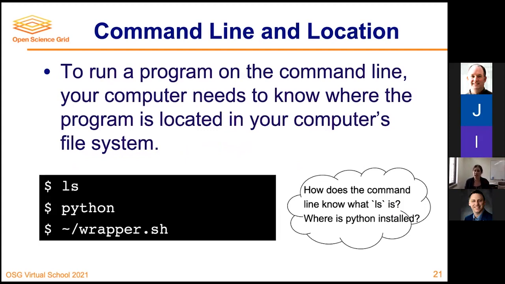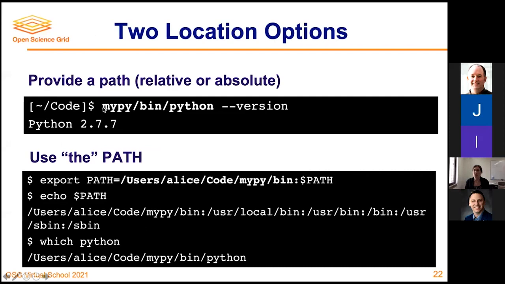So there's different ways to do this. You can provide a path, either relative to your current directory or an absolute path from the top of the file system to reference a particular program. Or you can add the directory containing that program to the system path, represented here in all caps, the kind of standard variable.